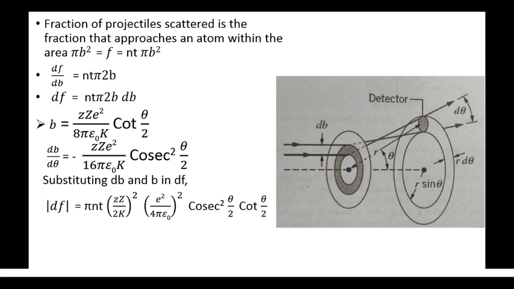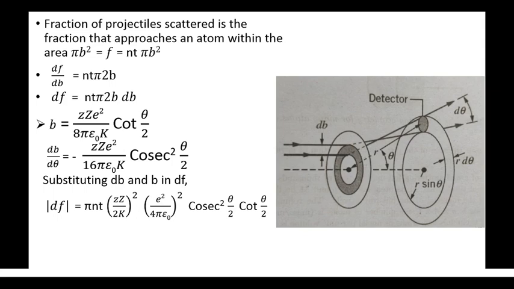So we are placing a detector here, isn't it? This detector is detecting the scattered alpha particles at an angle theta, and this detector is placed at a distance r from the nucleus.